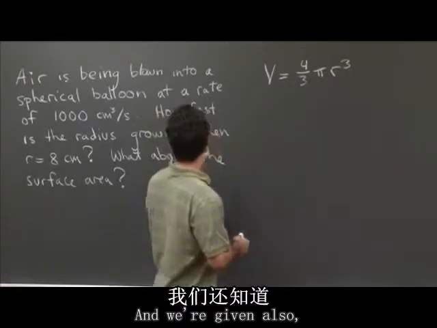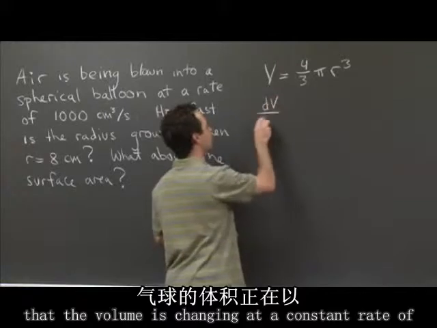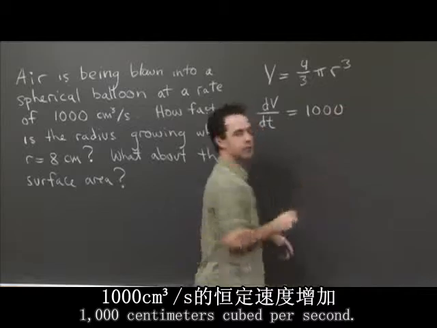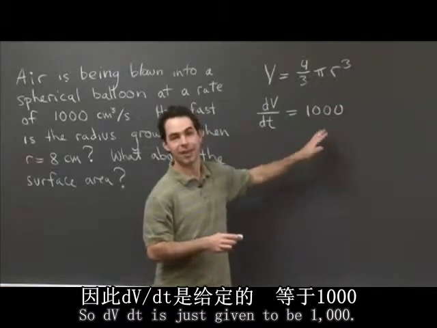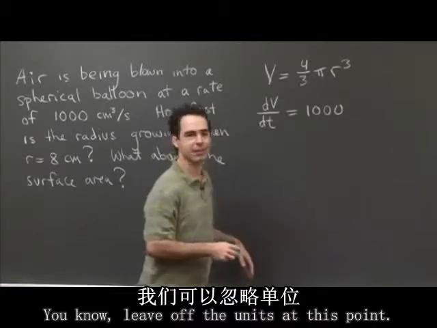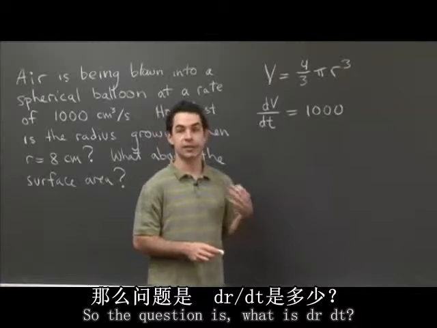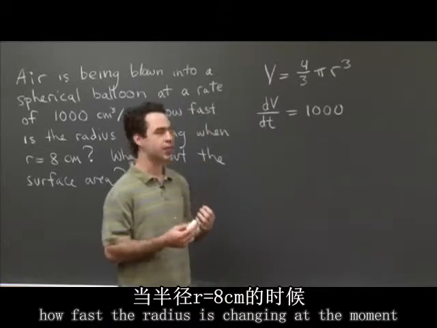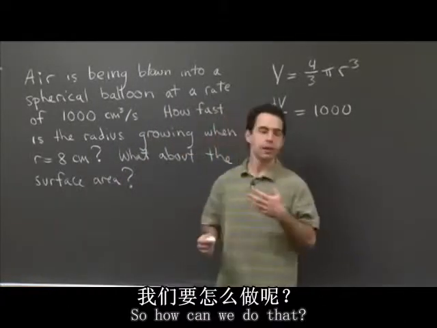We're given also that the volume is changing at a constant rate of 1,000 centimeters cubed per second. So dV/dt is just given to be 1,000. Leave off the units at this point. The question is, what is dr/dt? That's what we're trying to figure out: how fast the radius is changing at the moment when the radius is equal to 8 centimeters.